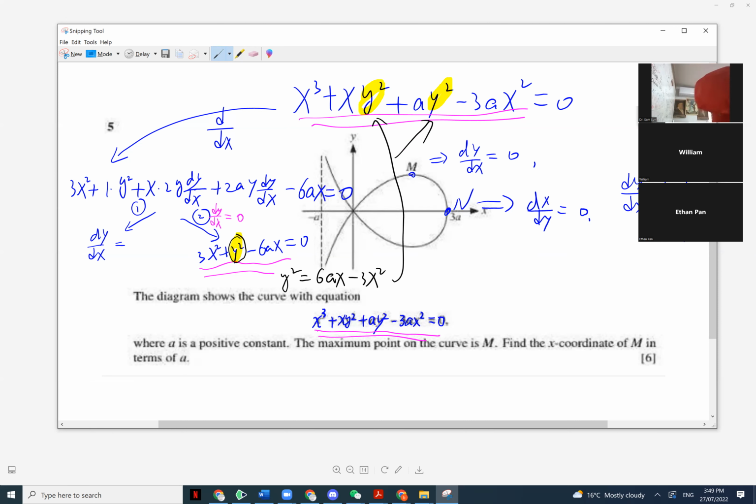Show some working. Make y squared the subject and put into here to solve for x.